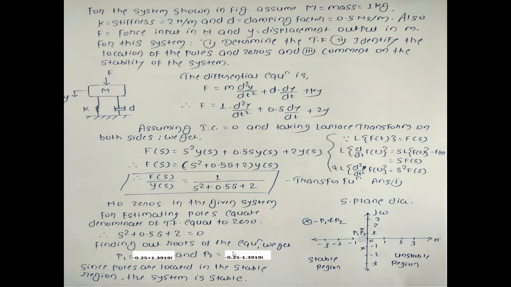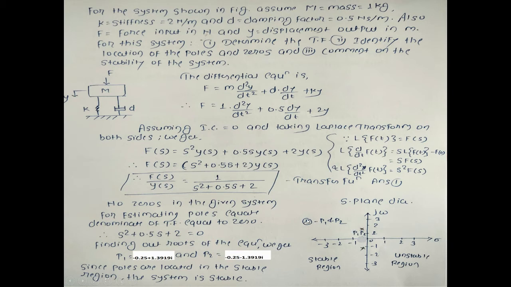Now I'll plot these poles on the S-plane diagram. The S-plane diagram, as you know, has two axes: the horizontal axis on which we plot the real numbers, and the vertical axis on which we plot the imaginary numbers. First we will plot the real part, which is minus 0.25, over here.